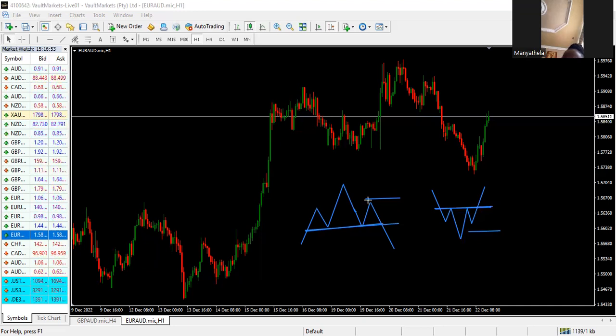Remember, when you're going to execute here, you must always pay attention to whatever happened on the left-hand side as the market was going up, so that you'll be able to place your stop loss and your take profit accordingly. For instance, if you're going to sell, this zone is where you're going to take your take profit.